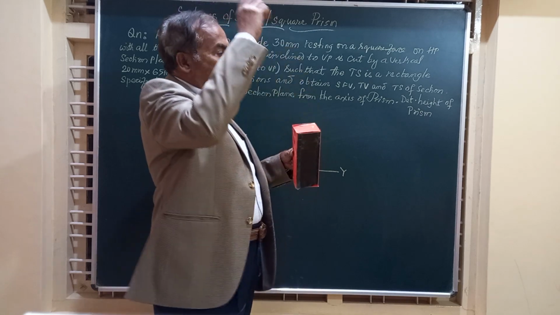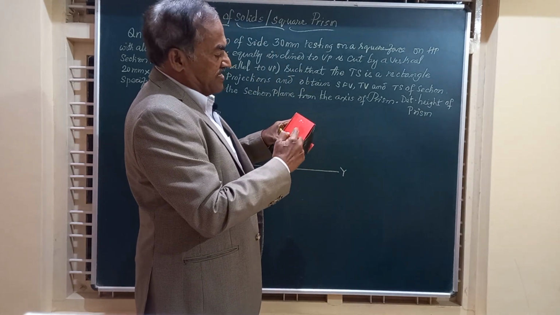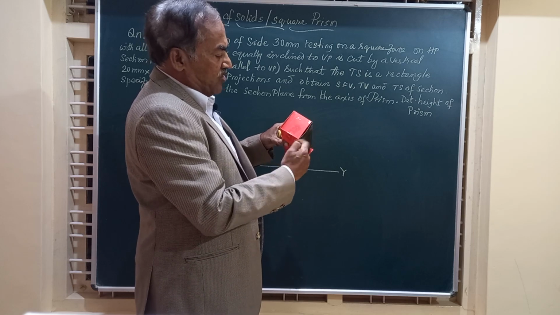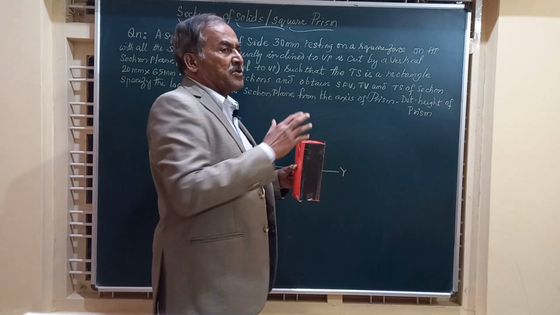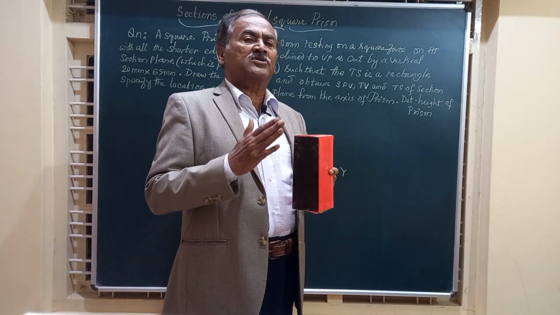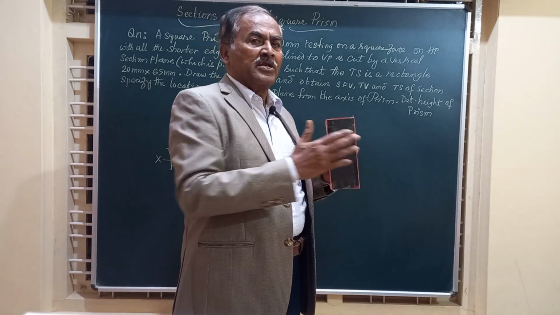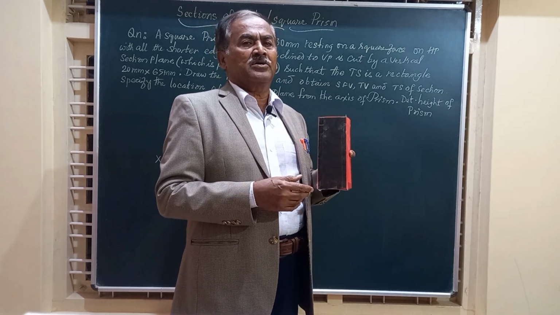That means when you see from the top, you will be able to get a figure like this, a square with all the sides equally inclined to VP. And the same problem can be stated in a different way also. That is, all the four lateral rectangular surfaces are equally inclined to VP.